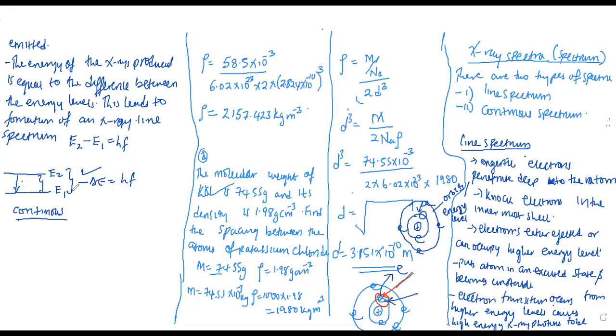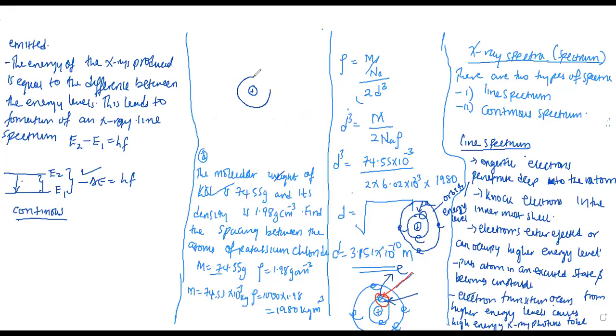Teacher, about where you said the electrons are either ejected or they occupy higher energy levels, I'm confused. Okay, now this is what takes place. Let me sketch a diagram for you. This is the nucleus.